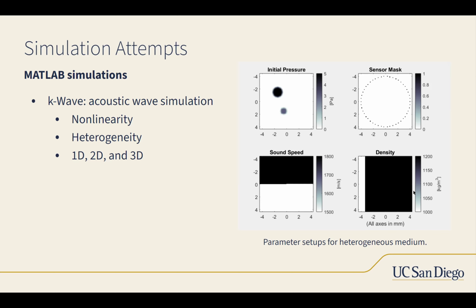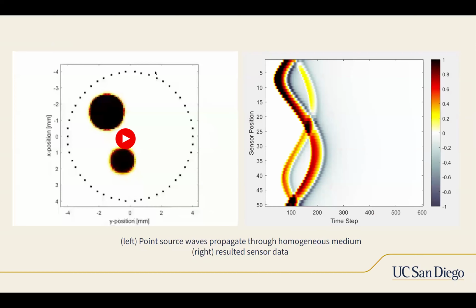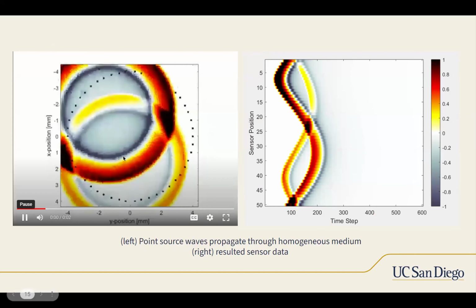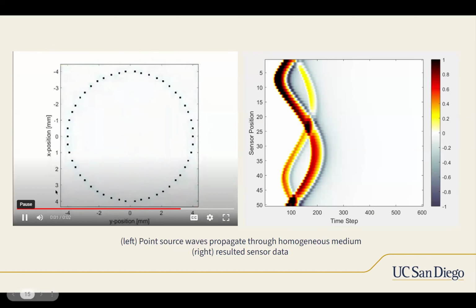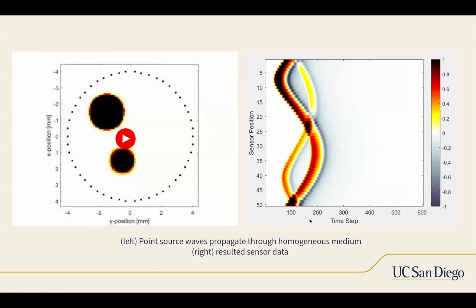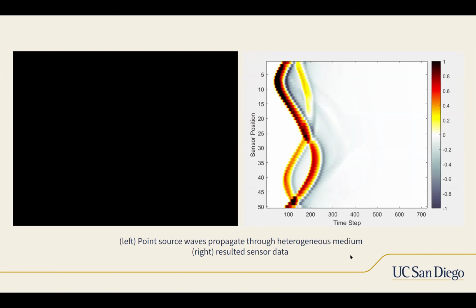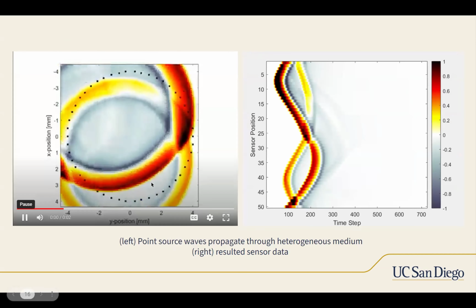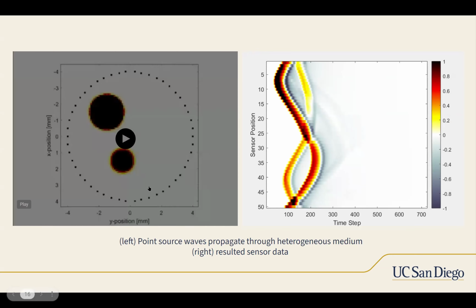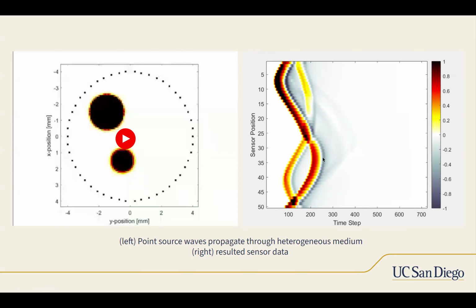And here's the result of a point sound wave propagating through a homogeneous medium, and the resulting sensor data on the right. Then versus a heterogeneous medium and the resulting sensor data on the right.